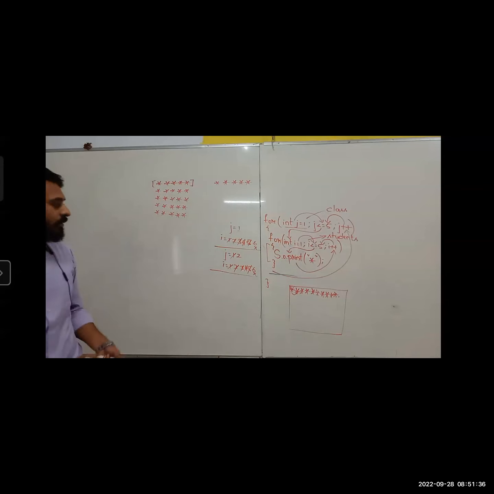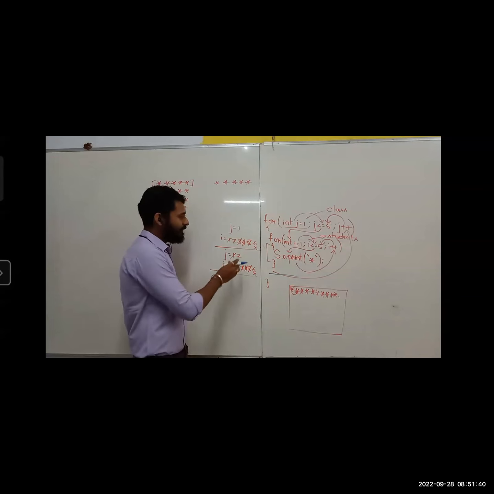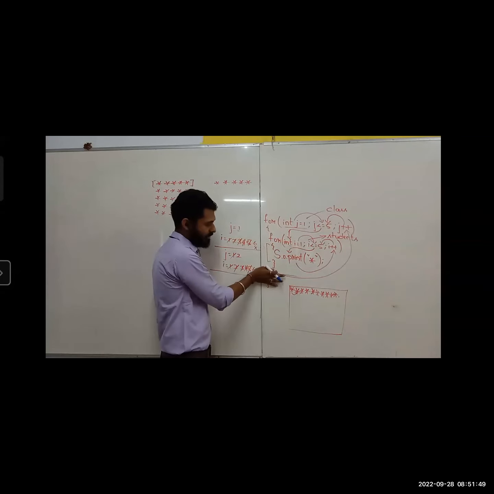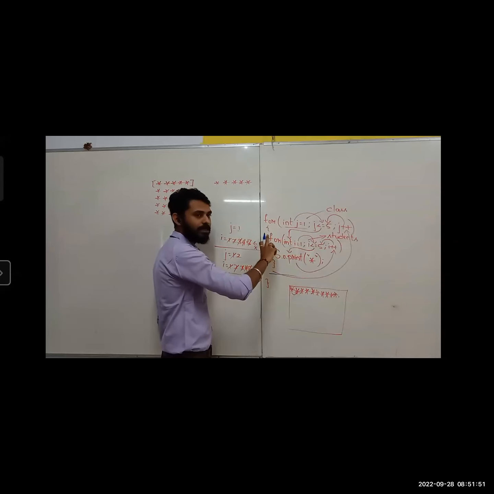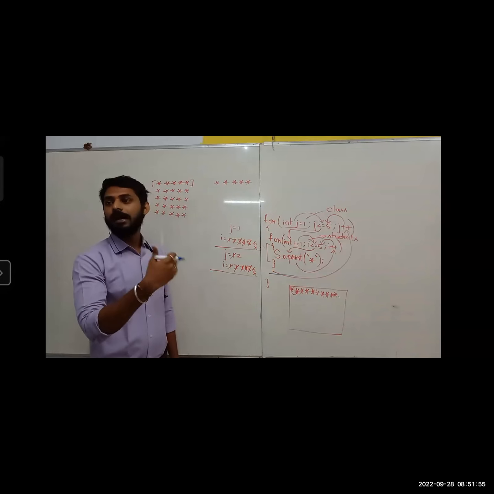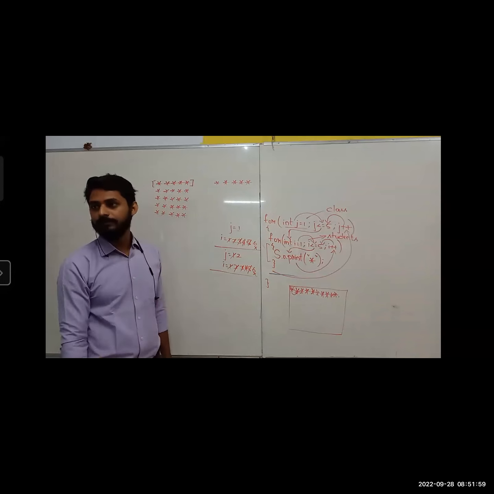Clear? So next, what should I do? Simple thing. After this task is done, forget this one now. Just observe this much and tell me, this task is for what purpose? Printing stars, as many times as you have mentioned, in a single line, one beside the other.